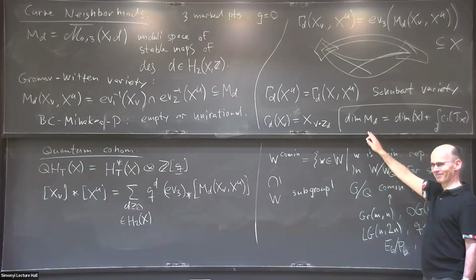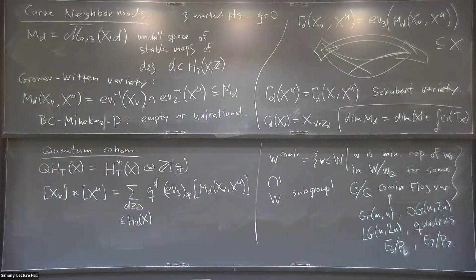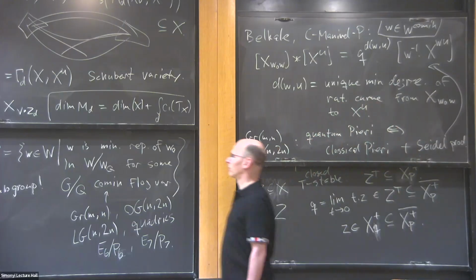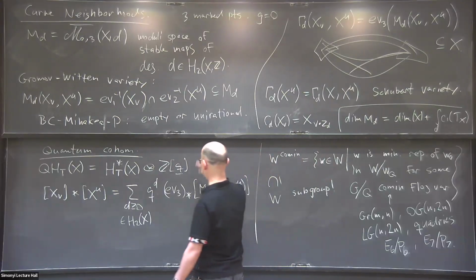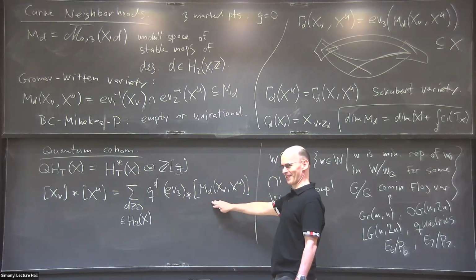I'm a little bit confused about the right-hand side. There could be more than one term in the sum, right? Absolutely, yes, there can be more than one. But the dimension of M_d is a strictly increasing function of d.